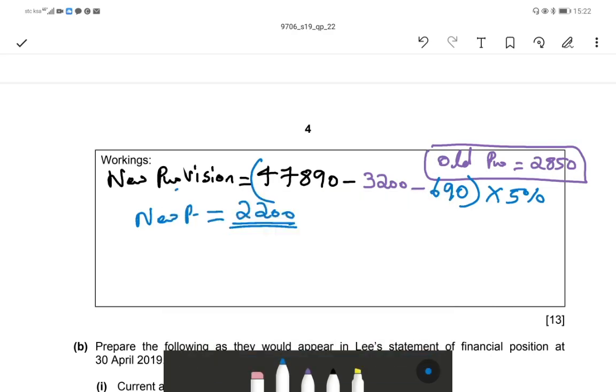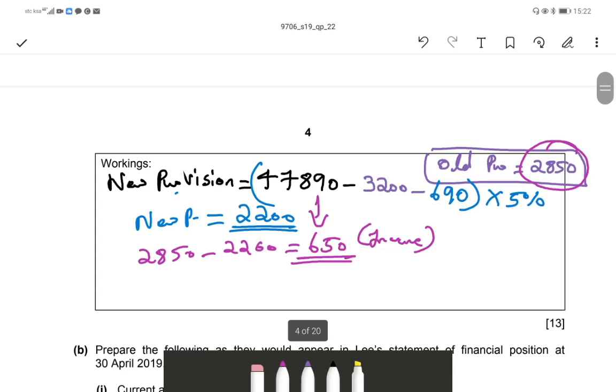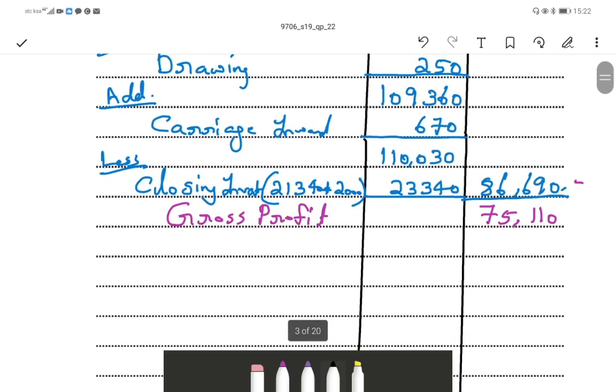So the old provision is given 2,850 while the new provision is decreased. 2,850 minus 2,200 is equal to 650. Decreased means we treat it as an income. This is an income, other income, because we expected 2,850 but the amount is 2,200. That is decreased. That is good for the company.